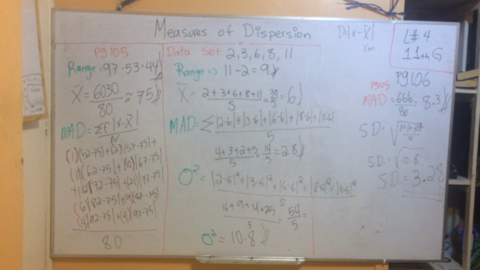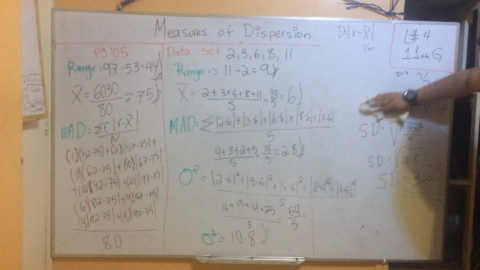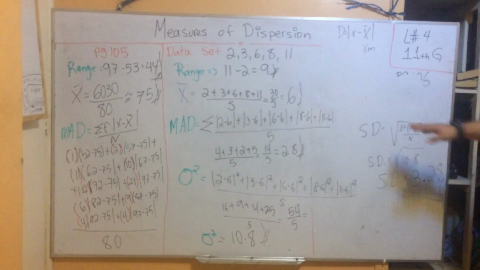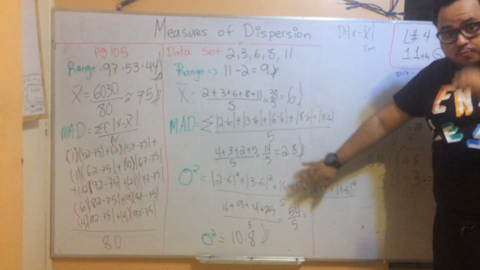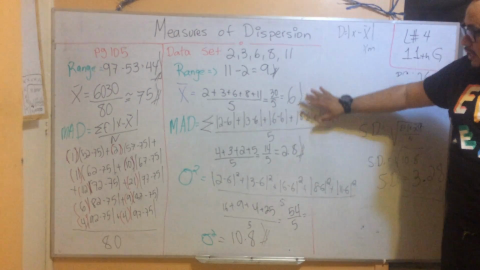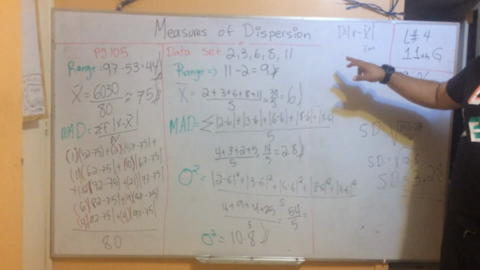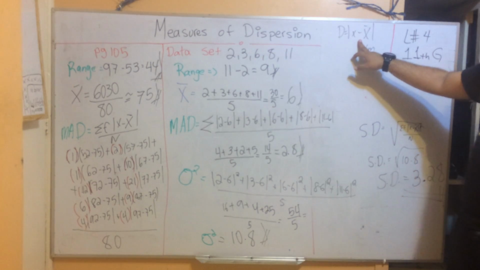I'm actually going to erase this so that it's not mixing up with this. And remember, this is what we need. So when you look at it like this, it's pretty simple. We just need to take the range first, then we take out the mean, so that we can use it in the deviation.